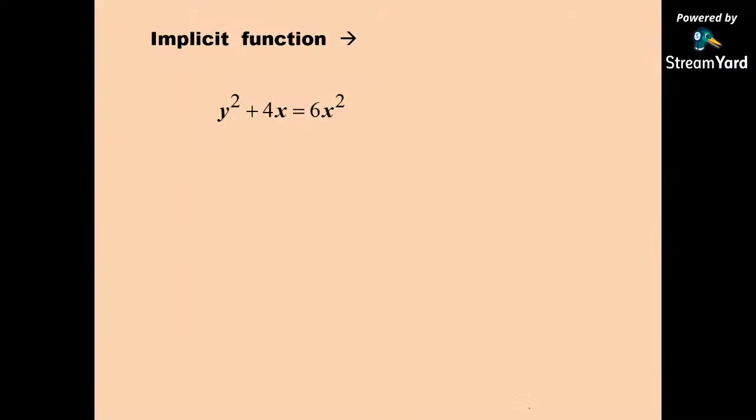Next. For example, let's say I give you y squared plus 4x equals 6x squared, and then I ask you to differentiate them and get dy over dx. How do we do this? Basically, if we want dy over dx, that means I should differentiate everything with respect to x.